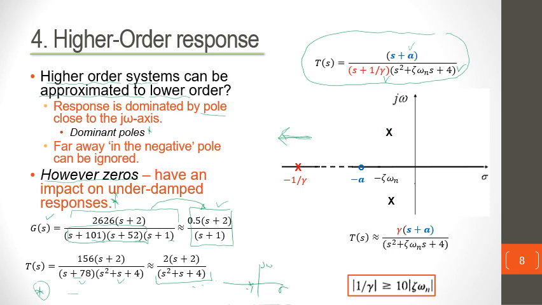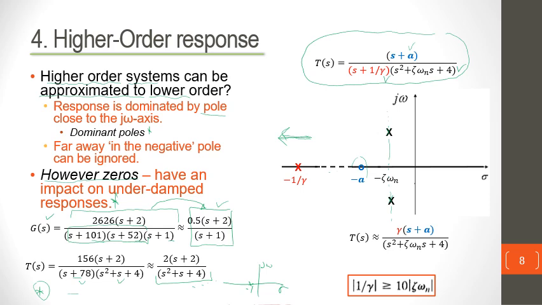You can plot here the conjugate pole pair, with minus zeta omega n as the real part of the pole. And we can also plot here, for example, at minus a we plot this zero, and then somewhere further down the line in the negative we plot this further away pole.